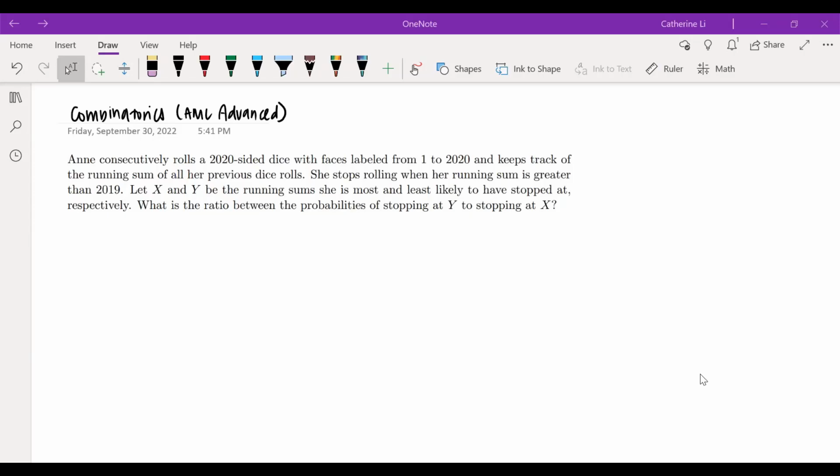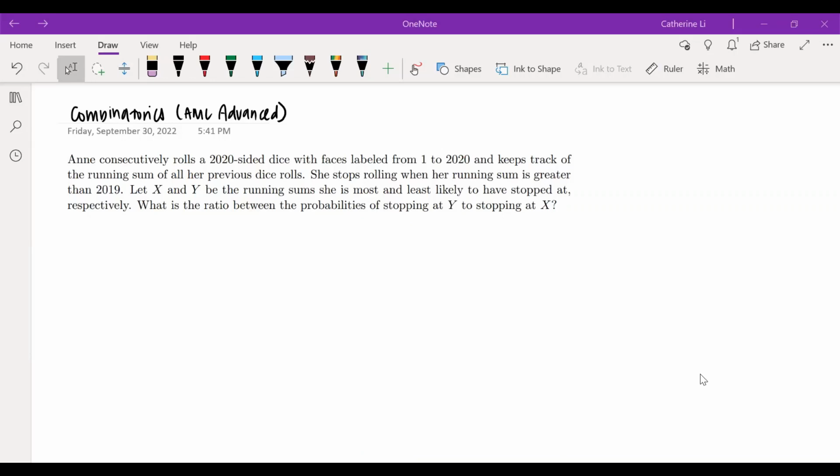So I think that for this problem, it might seem a little bit hard if you have to find the probabilities of stopping at each sum and then find the most and least likely and then find the ratio of those two. But what it comes down to is just thinking about it logically. The central observation is not something that you need to do a lot of computation for.